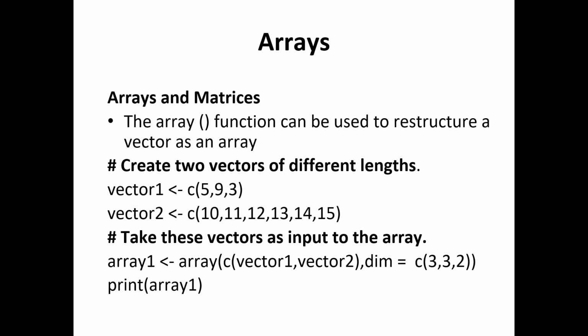Now I am going to give these two vectors as input to the array. Here the array name is array1. array1 <- array of c of those two vectors, which I am giving inside for creating the array. dim equal to c of 3, 3, 2, which means 3 rows, 3 columns, 2 matrices.